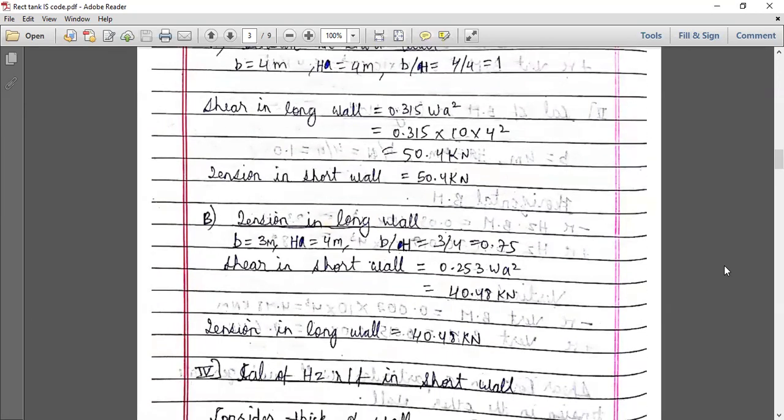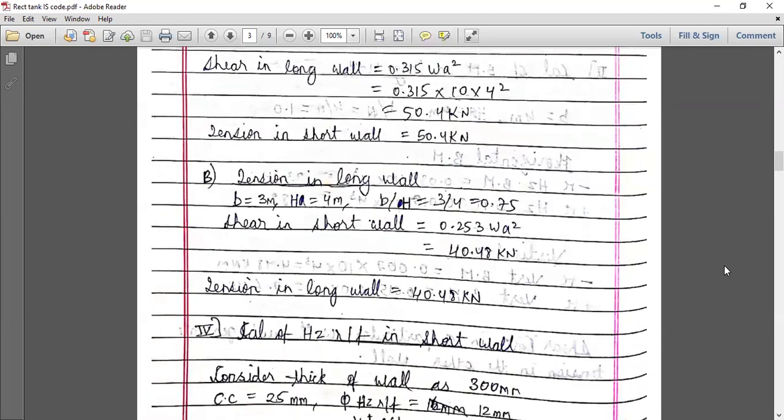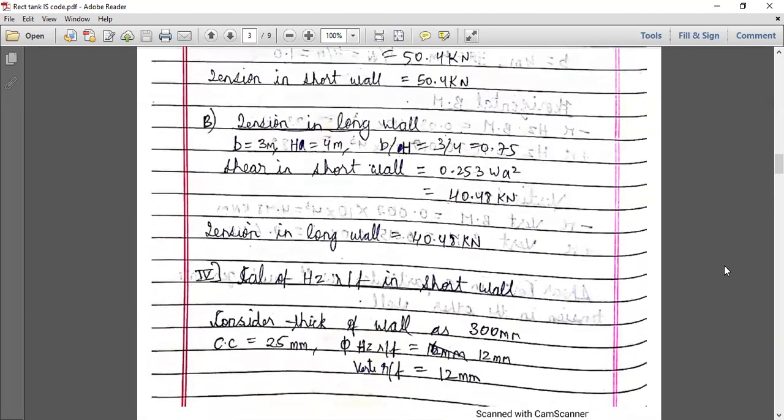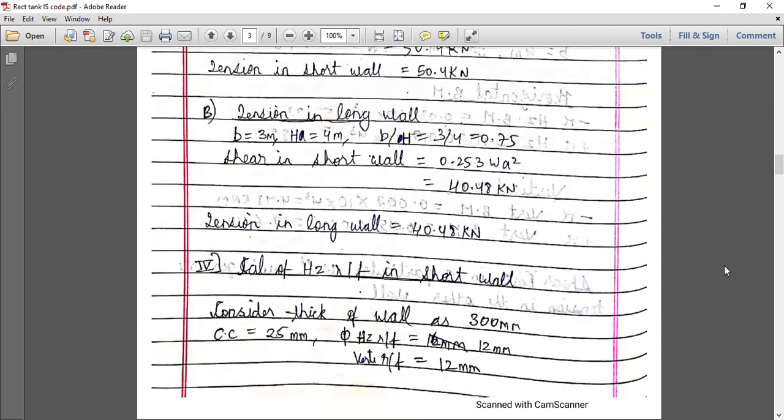Yes, all of you done with this. Now the next step, calculate the thickness. ठीक है, so from the third criteria are you getting 300 mm or from the second criteria?